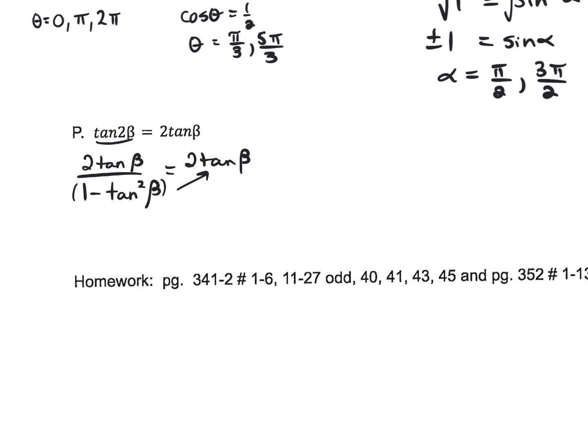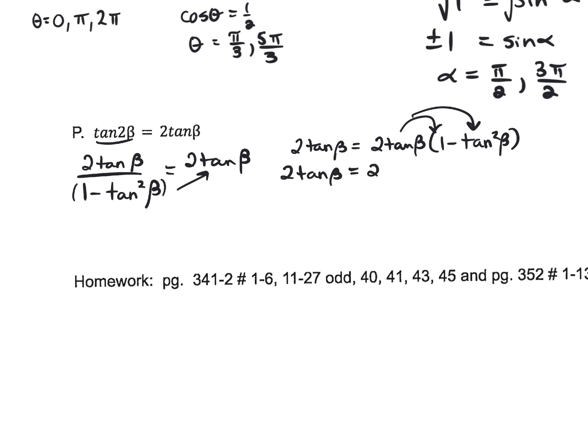So we get 2 tan beta equals 2 tan beta times 1 minus tan squared beta. All right, guys. I know you're going to be tempted to try to divide, but you can't. Remember, you've got to distribute this in. So 2 tan beta equals 2 tan beta minus 2 tan beta tan squared beta.